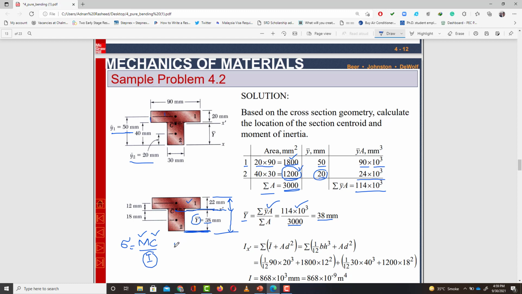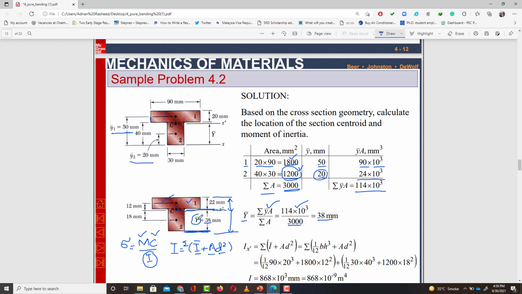The formula for this I is the sum of all, because there are two members, I dash plus A d square. Now what is I? I is the second moment of inertia of any member. So there are two members, so the moment of inertia of this one plus area of this member 1 into d square.